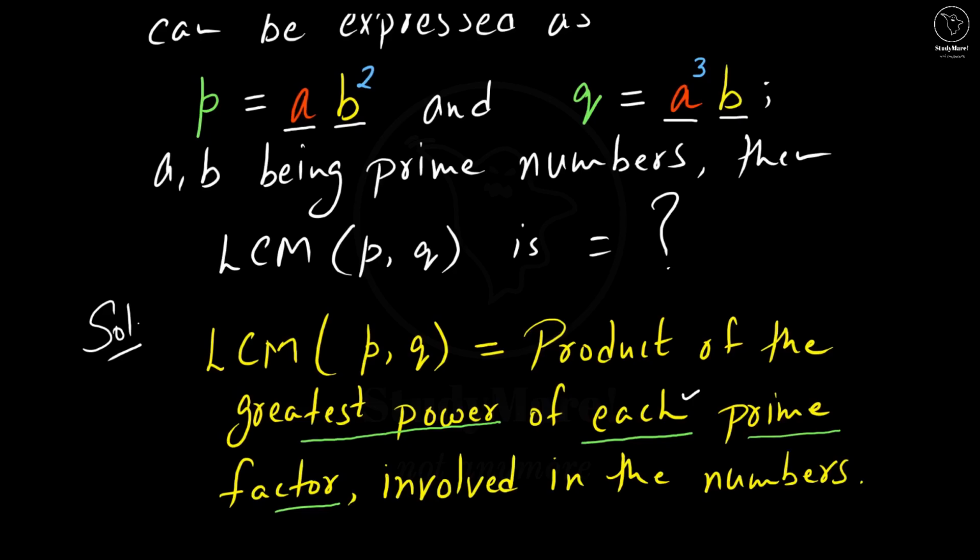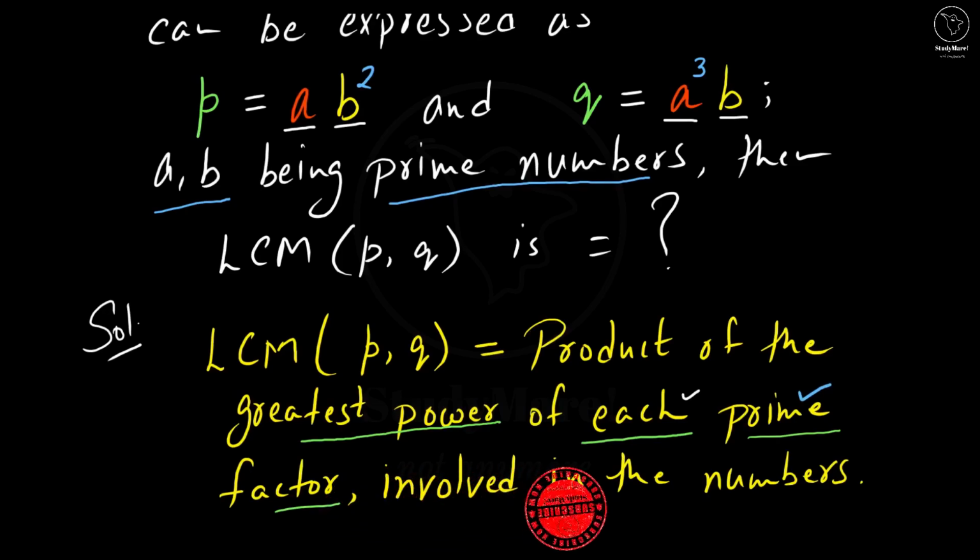There we had to take the common ones only. Here, no common ones, in fact each of the prime factors. Here in the question, it is already given that a and b are prime numbers. That means we already have the prime number format, so we are done with this.